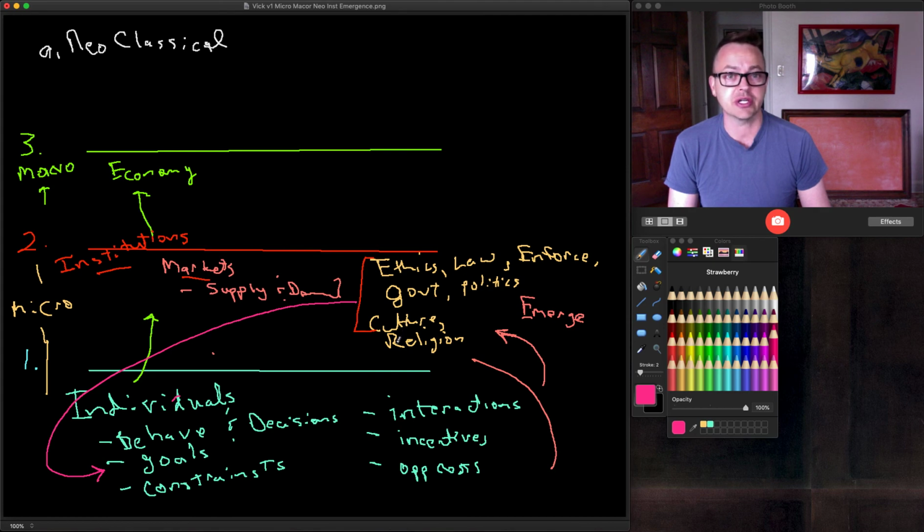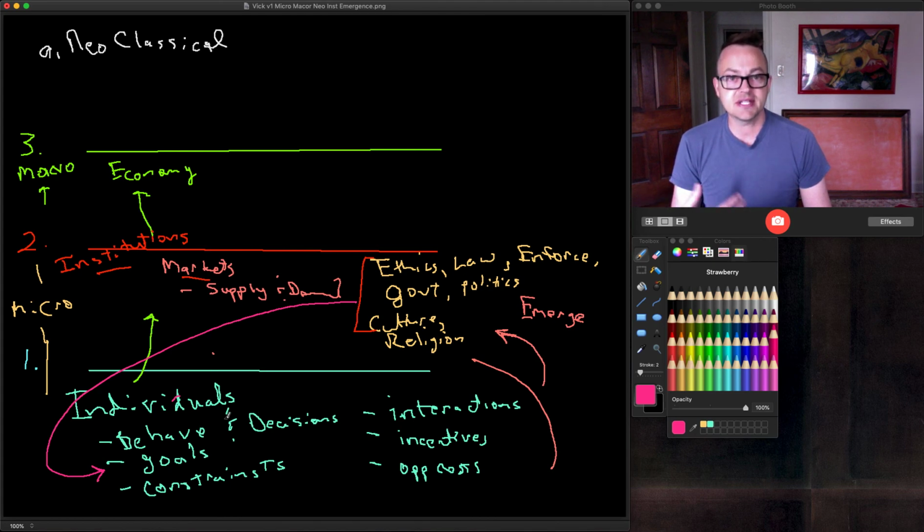Culture, religion: if you live in a culture or a policy environment where discrimination has been tolerated, well, that has direct effects on the constraints of people who are being discriminated against, on their economic opportunities, their goals, their interactions, incentives, and opportunity costs.